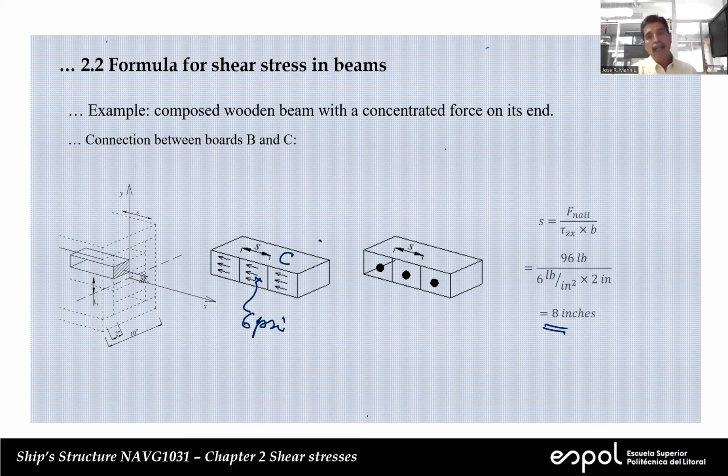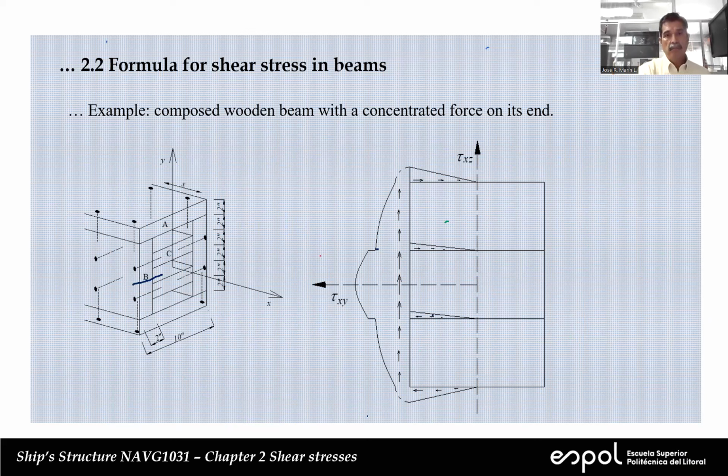Okay, let's calculate the maximum shear stress, tau max.